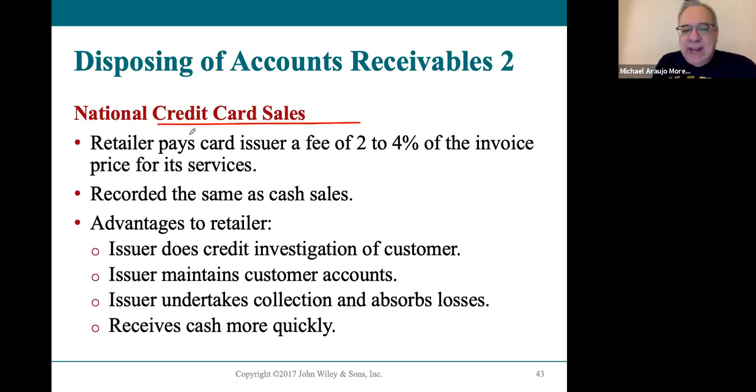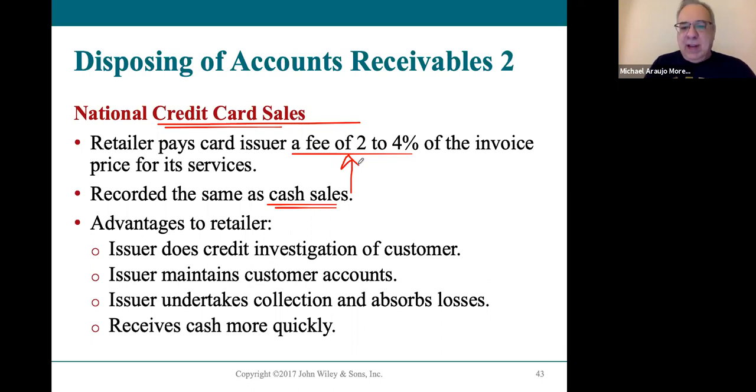They have agreed as part of the network to accept the cards, and they've agreed to pay a fee to become part of the network. So when a customer walks in and buys something with a credit card, the merchandiser is actually getting cash forwarded to them. So it's a cash sale. They're not getting the full value of what they sold because they have to pay the fee.